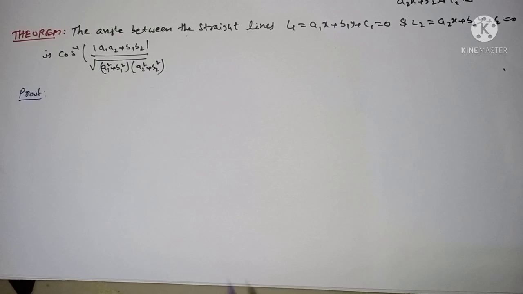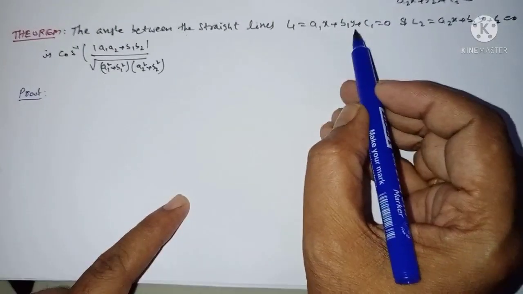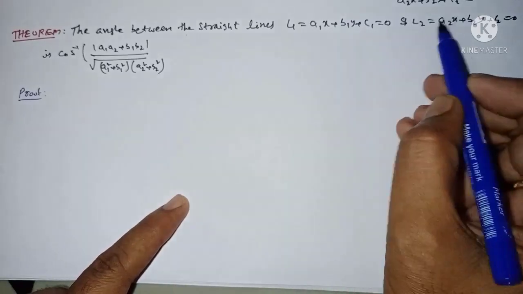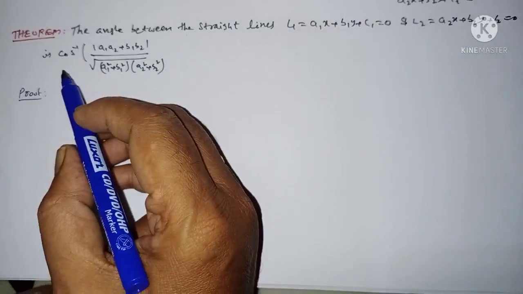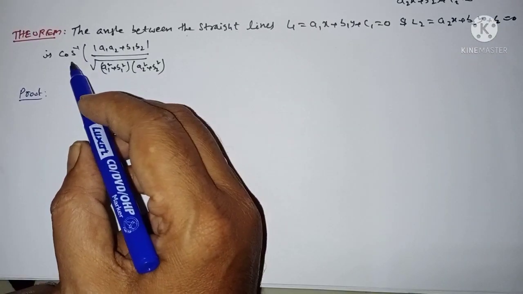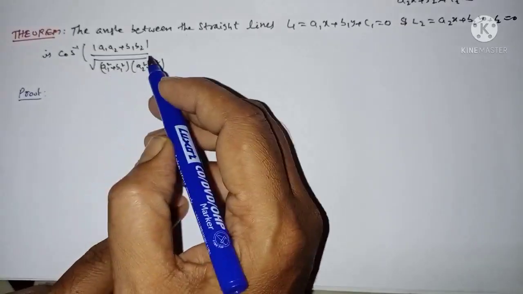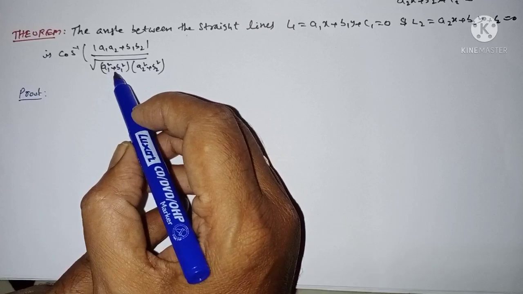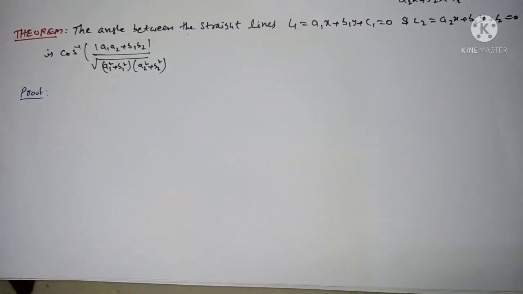Theorem: the angle between the straight lines L1, a1x plus b1y plus c1 is equal to 0, and L2, a2x plus b2y plus c2 is equal to 0, is theta equal to cos inverse of mod of a1 a2 plus b1 b2 by under root of a1 square plus b1 square into a2 square plus b2 square. This you have to prove.